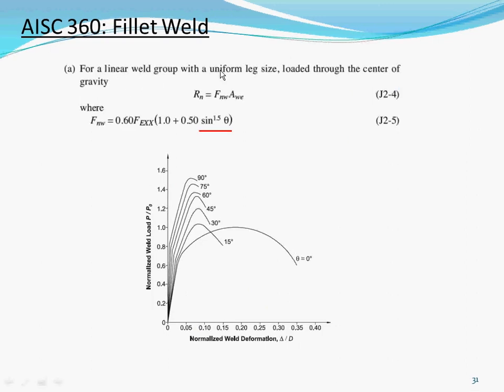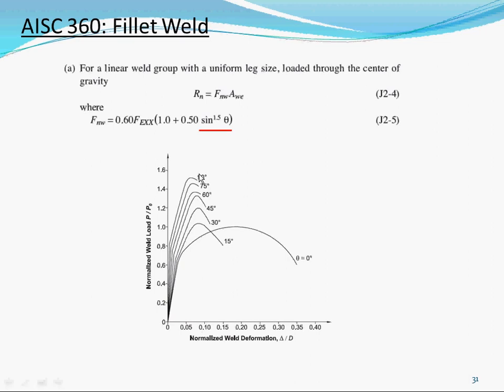For a linear group of welds of uniform size, you could actually increase the capacity based on the angle of loading. If you're looking at the angle at 0, your strength is normalized as 1. If you load it at 90 degrees, you actually get higher capacity. However, you have lower ductility, so there's a trade-off between higher strength and ductility in this equation.